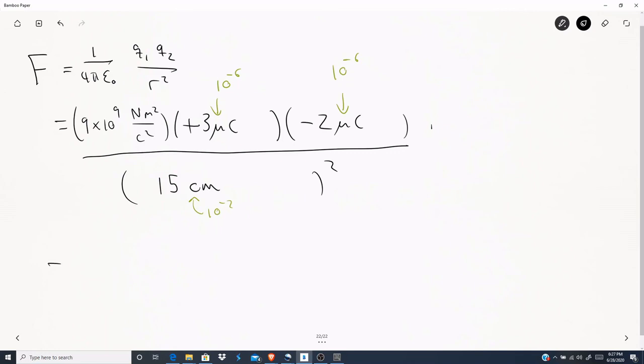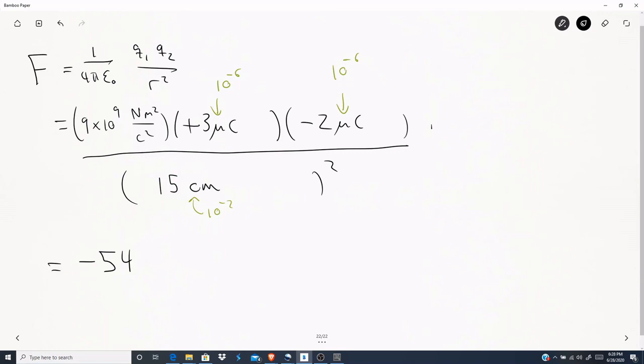First of all, as far as significant numbers are concerned, we'll have 9 times 3 times 2. So 9 times 3 will be 27, and then 27 times 2 will be 54. And one of those three factors in the product is negative. Then we have to deal with the orders of magnitude. We have 10 to the 9, 10 to the negative 6, 10 to the negative 6.